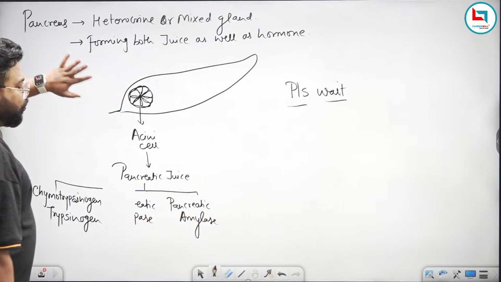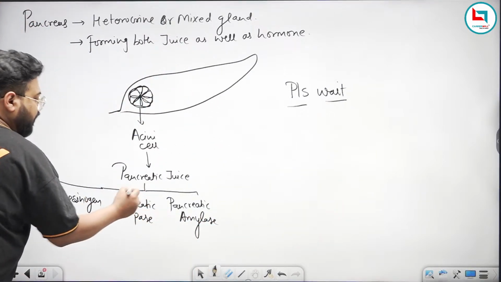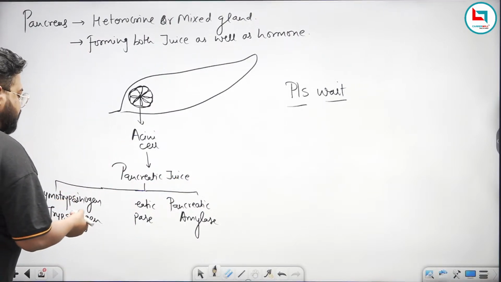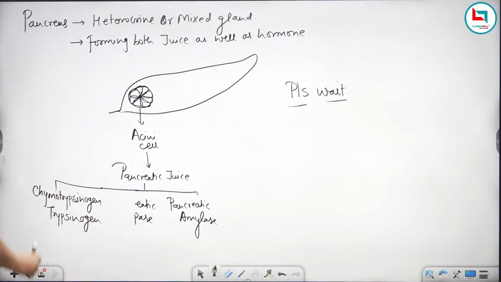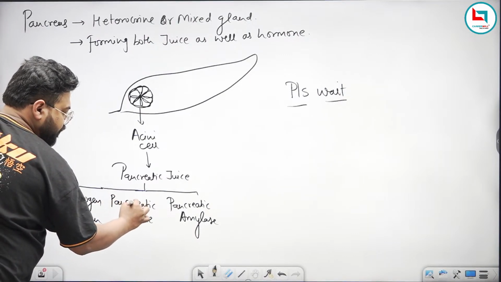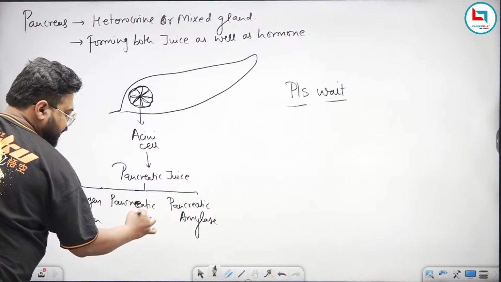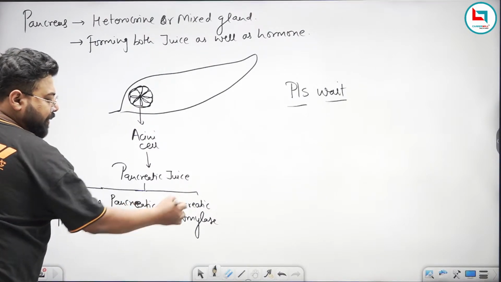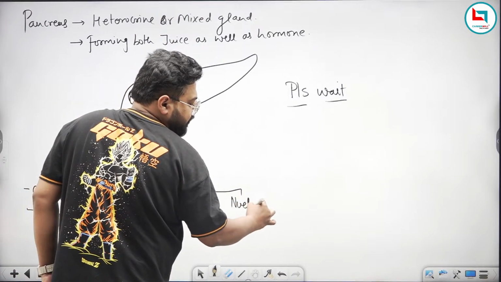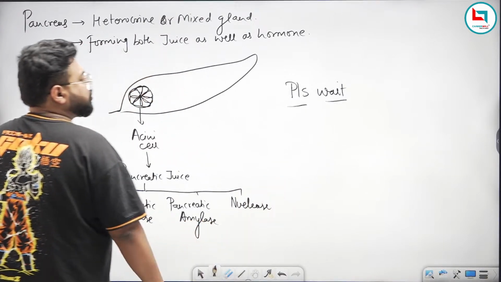Acini cells are those cells of the pancreas which form pancreatic juice that helps in digestion. This pancreatic juice contains certain enzymes like chymotrypsinogen, trypsinogen, pancreatic lipase, pancreatic amylase and nucleases that help in the digestion of food.